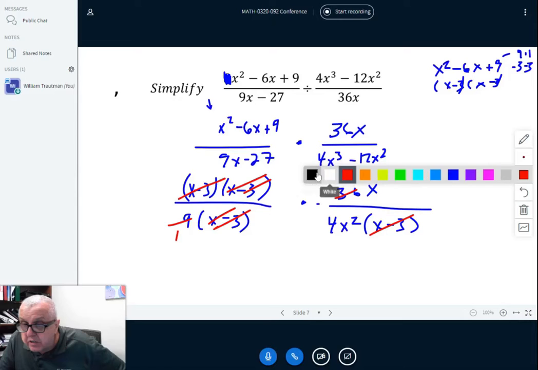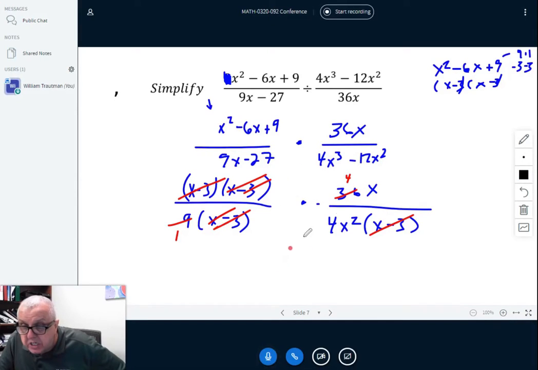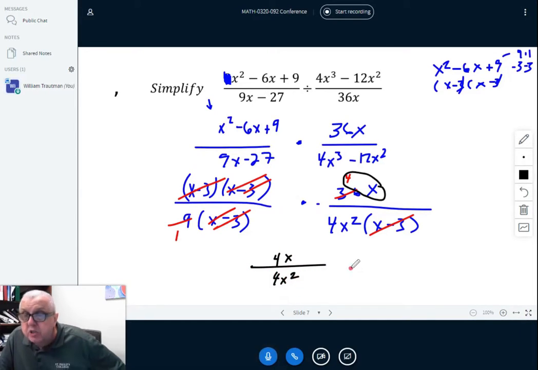So our answer is everything left over on the top, which is 4 and an x, and everything left over on the bottom, which is 4x squared. If you notice, I didn't realize it, but there's a 4 and a 4. So those cancel, and then one of the x's cancel down here.